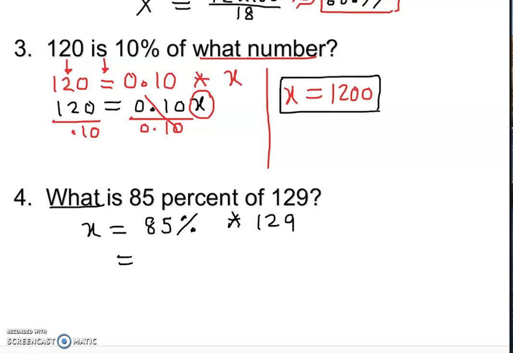So 85% of 120, if you convert this into decimal and multiply, or 85 divided by 100 times 120, long multiplication, division, no matter what, it should give you 102 x equal to. So that is the answer here.